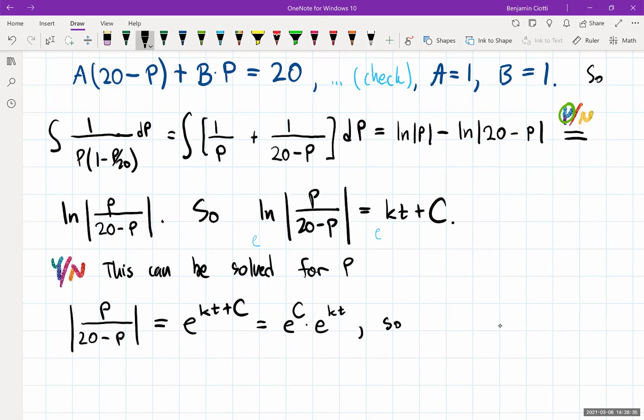So let me get rid of the absolute values. I can ditch the absolute values at the cost of a plus or minus sign.